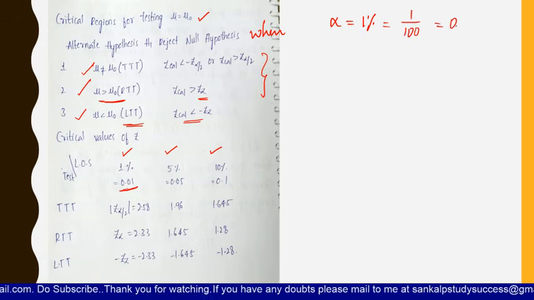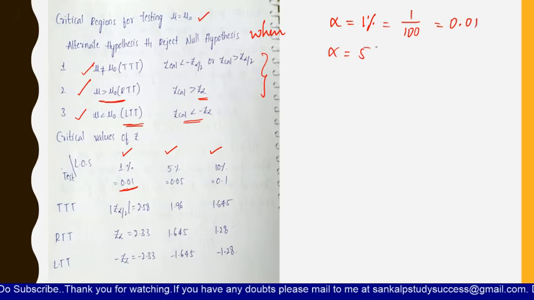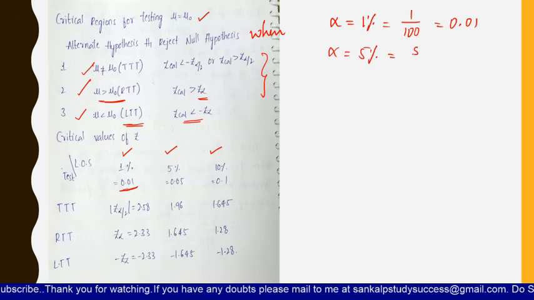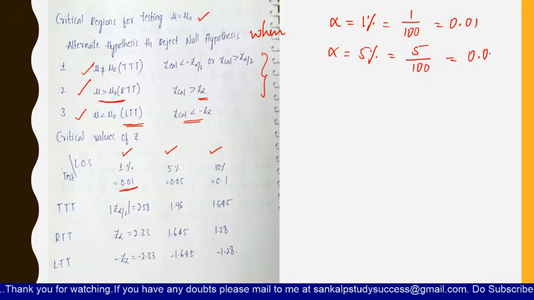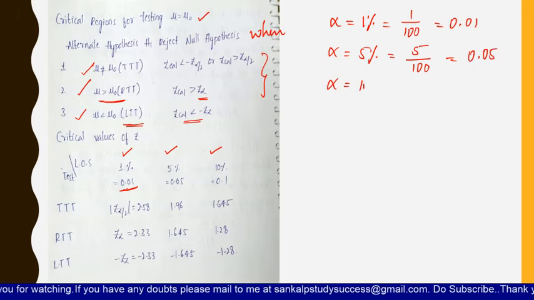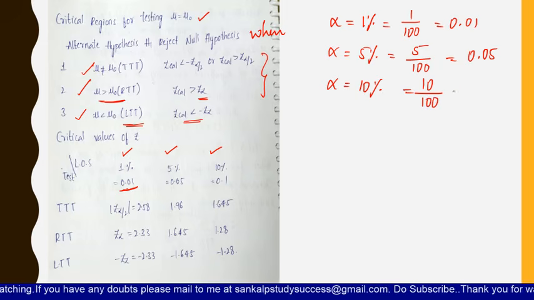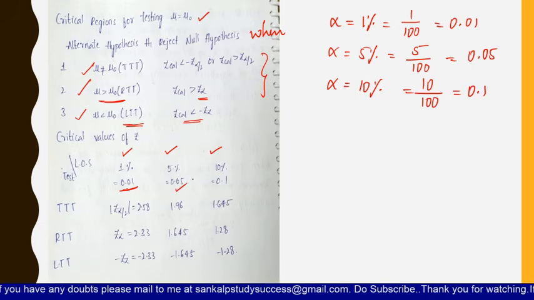If alpha is 5%, it is 5 by 100, which becomes 0.05, and if alpha is 10%, it is 10 by 100, which is 0.1.